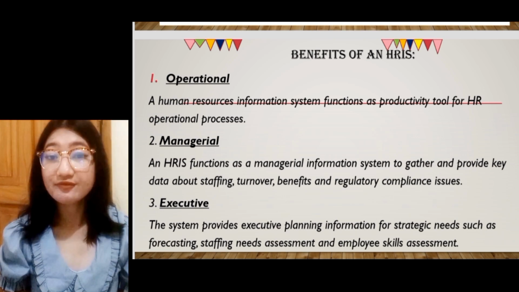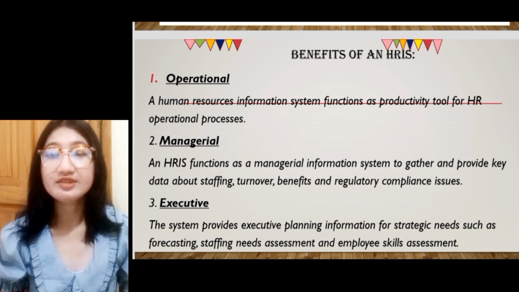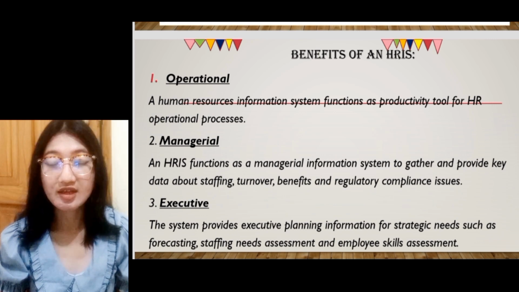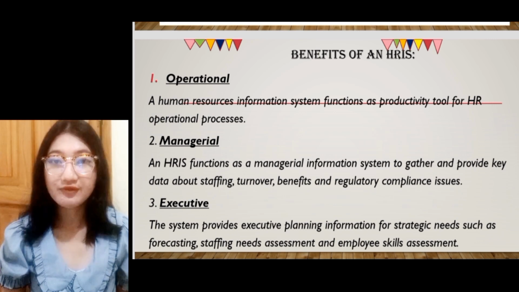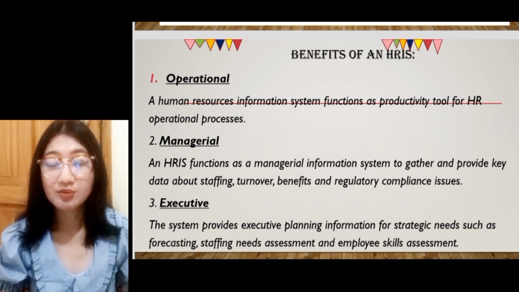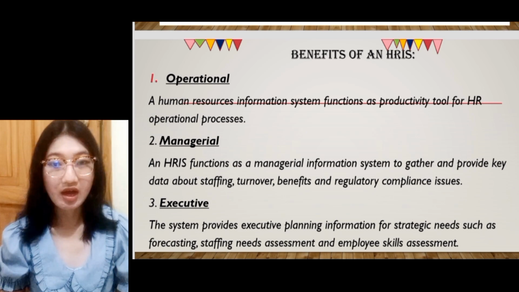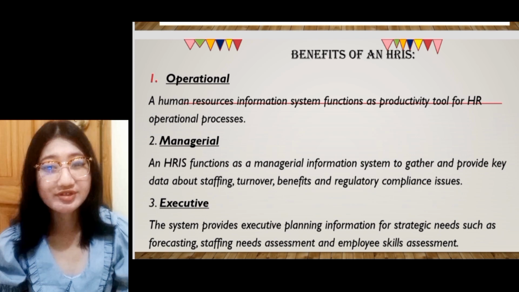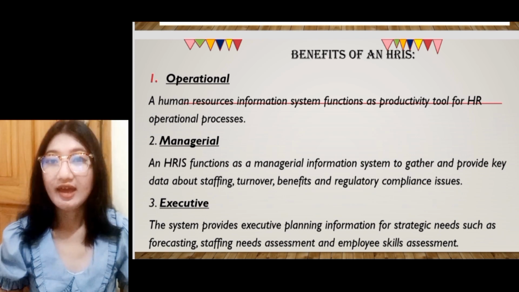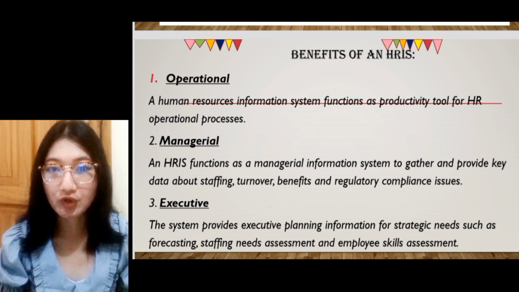The second benefit of HRIS is the managerial. So it is an information system to gather and provide key data about staffing, turnover, benefits, and regulatory compliance issues. This develops how human resources managers plan, coordinate, and direct the administrative functions of an organization.